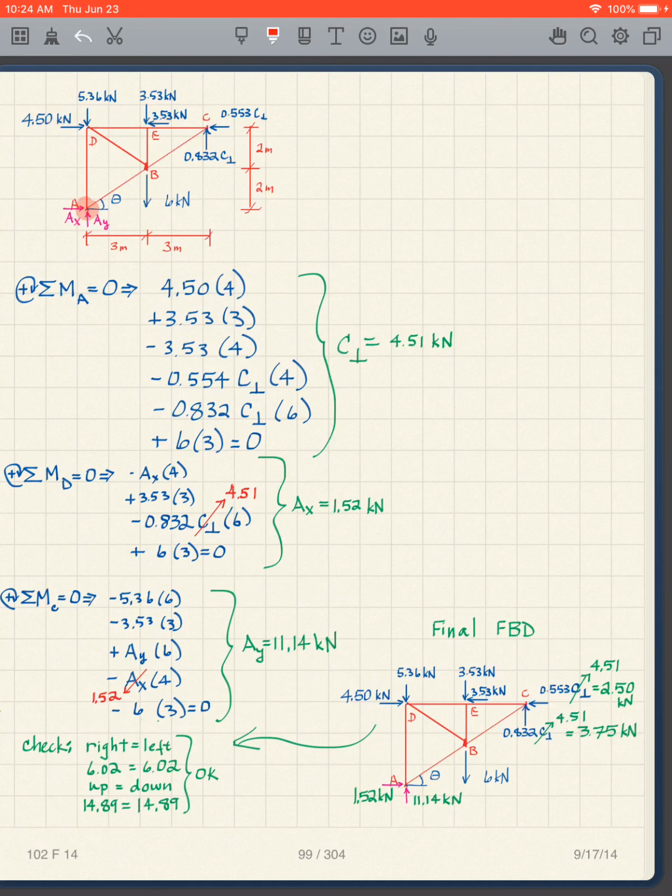Counterclockwise, so it's negative. Clockwise, so it's positive. Counterclockwise, so it's negative. Counterclockwise, so it's negative. Clockwise, so it's positive. I put all of those into here, I solve for C perpendicular, and I get that.